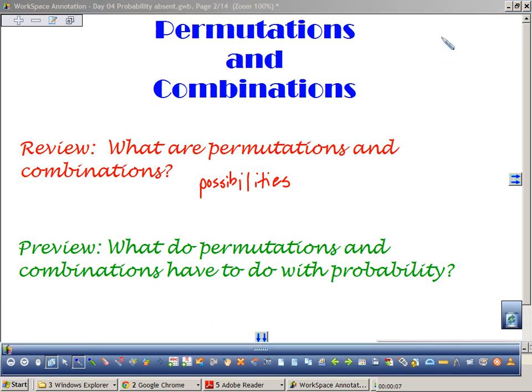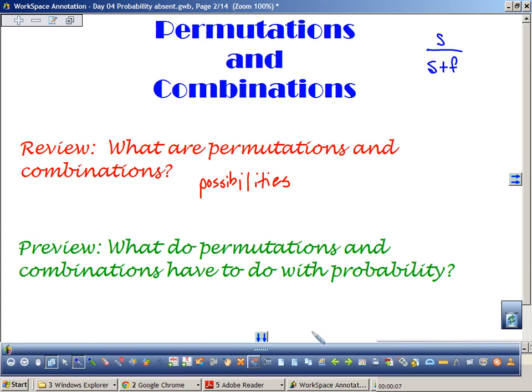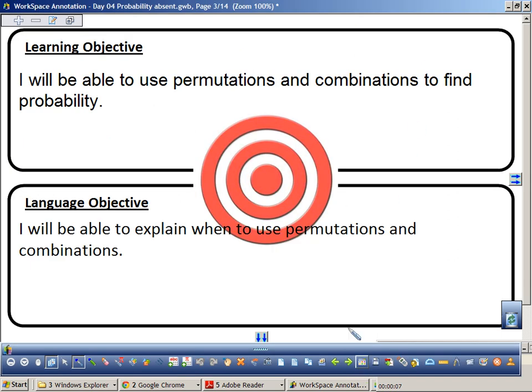If I want to have something a success, then I need to take my successes and divide it by all the possibilities. Sounds very confusing. It's really not that bad. Okay, I will be able to use permutations and combinations to find probabilities. We're using the same thing we did yesterday, only we've got to divide it by all possible outcomes.